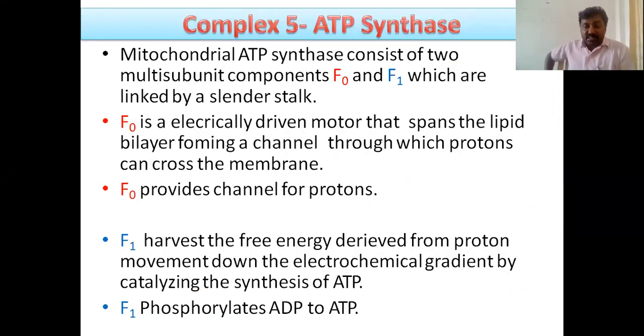Complex 5. This is the last step for the synthesis of ATP. The mitochondrial ATP synthase consists of multiple subunits. The enzyme ATP synthase has 2 components, F0 and F1.